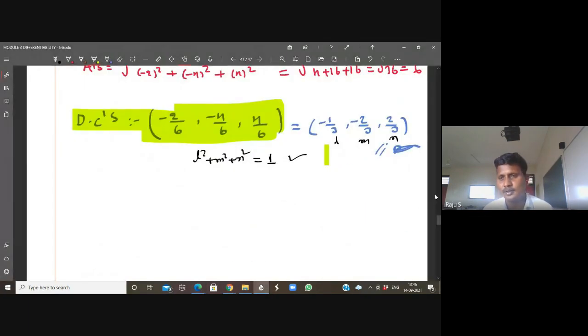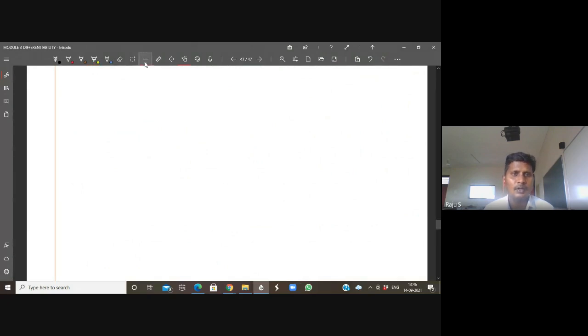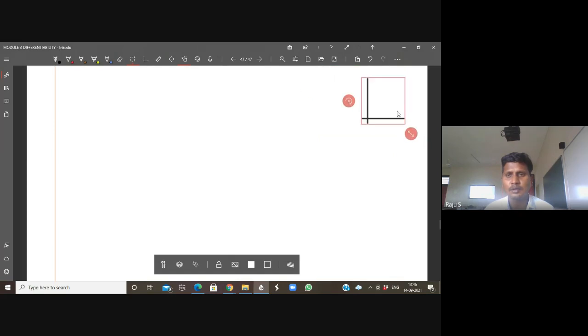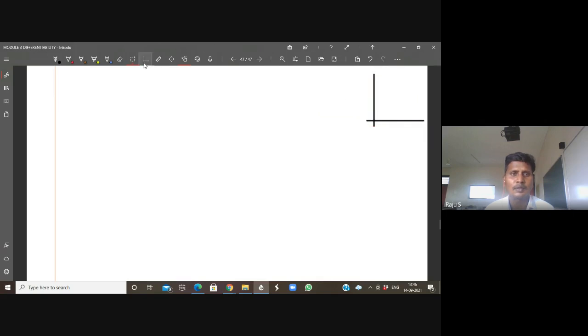Okay, students, let's see now. Now I'm going to take the 3 dimensions: X-axis, Y-axis, and Z-axis. There is a point P. Yesterday I explained in the classroom, P is any point in space, not on the XY plane, not on the YZ plane.